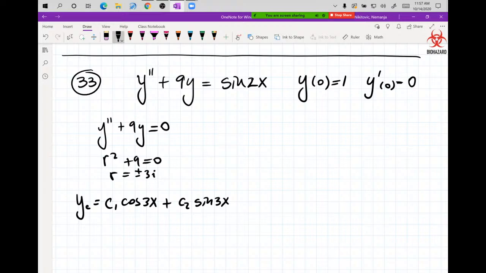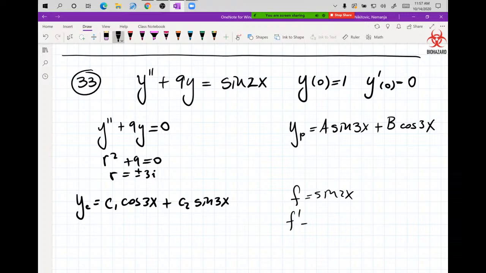And then for the second one, you either memorized the yp form of a sine 3x plus b cosine 3x, or you went with f equal to sine 2x and then differentiated, f prime to get 2 cosine 2x and f double prime to give you negative 4 sine 2x.